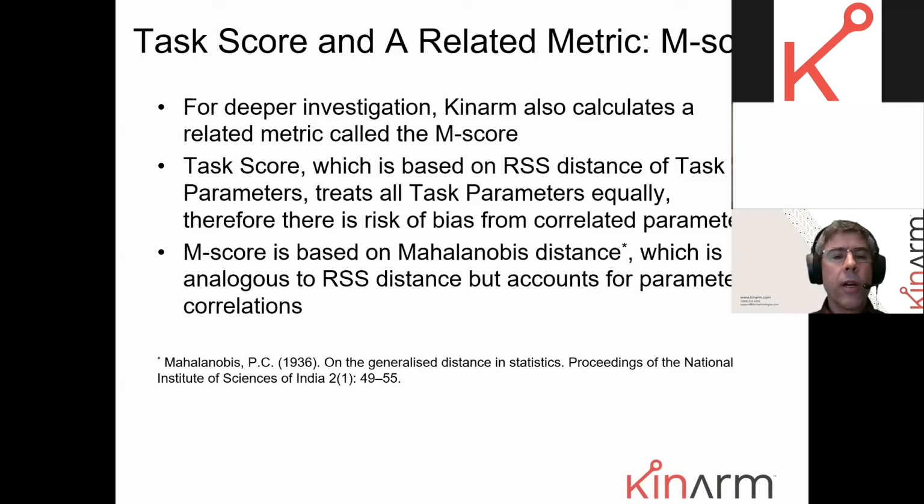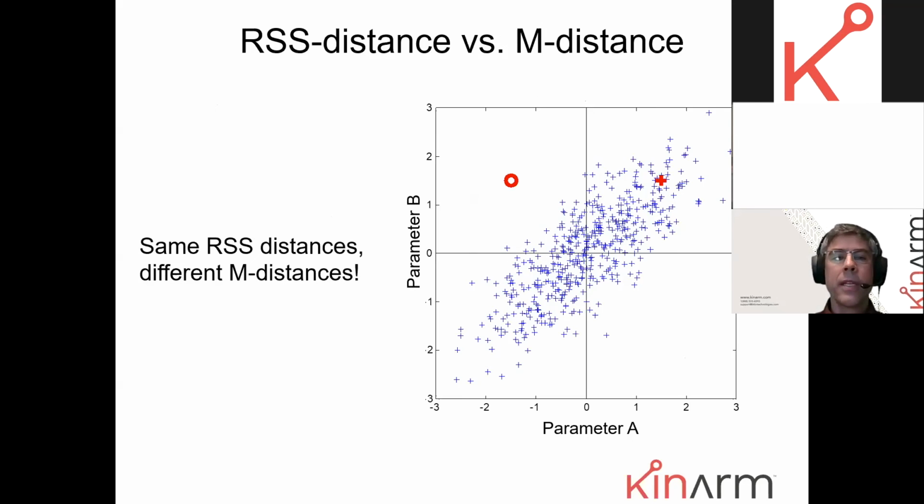So the M-score is based on something called the Mahalanobis distance. It's analogous to the RSS distance, but it accounts for parameter correlations. What do I mean, and what's an example? Let's imagine we had two parameters, A and B, that were highly correlated.